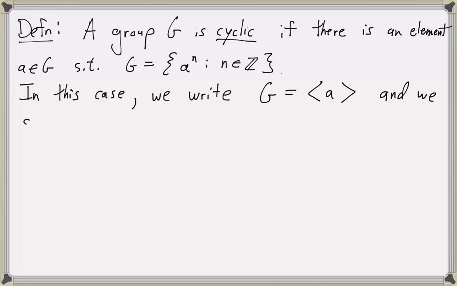And again, we say A is a generator of G. So this is the notation for any cyclic group. You can write it as angle bracket with just one element inside if that one element generates the group G. First, let's give some notes about cyclic groups.